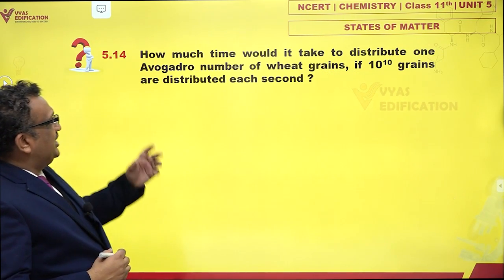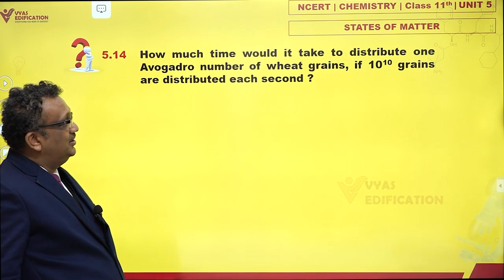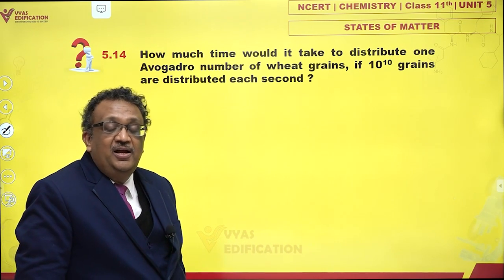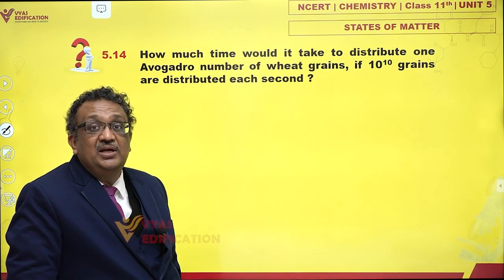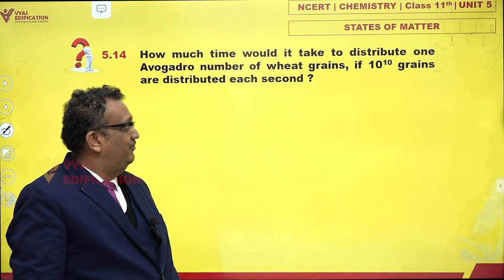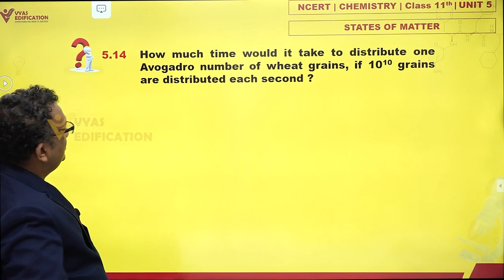How much time would it take to distribute 1 Avogadro number of wheat grains, if 10 raised to 10 grains are distributed every second? 10 raised to 10 means 10 billion grains are distributed every second. Fine. You have Avogadro's number of wheat grains.